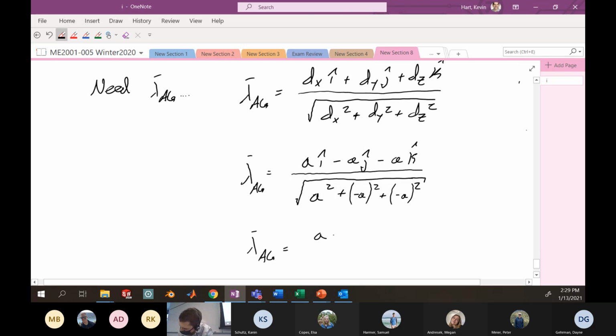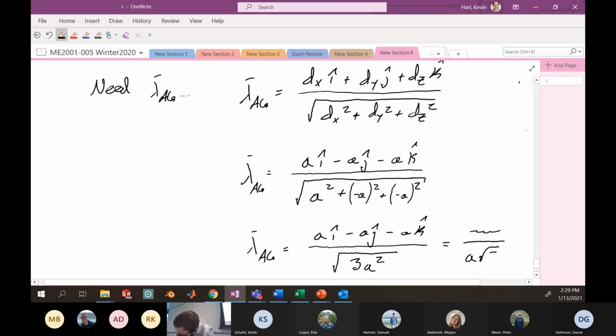So this is something like AI minus AJ minus AK normalized by the square root of 3A squared. Yes? I could simplify the denominator a little bit and pull the A out. So this will be A root 3 in the denominator.